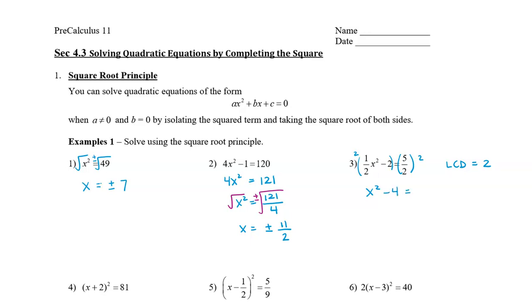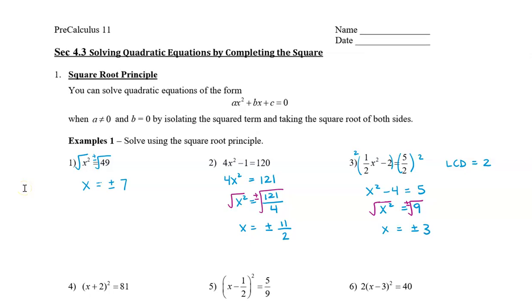And then 5 over 2 times 2 is just 5. So now we have something that looks a lot nicer with no fractions. Add 4 to both sides. And we get x squared equals 9. Square root both sides. And then put the plus or minus. And we have x equals plus or minus 3.